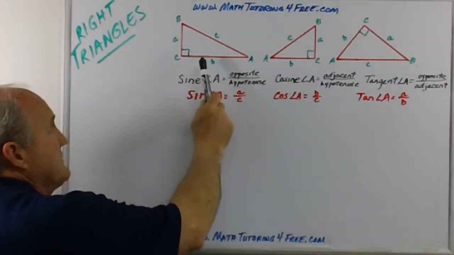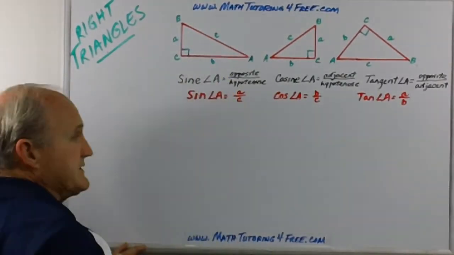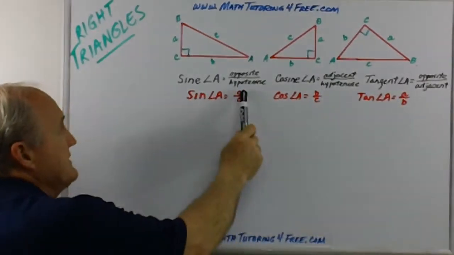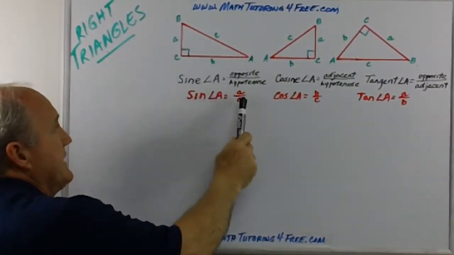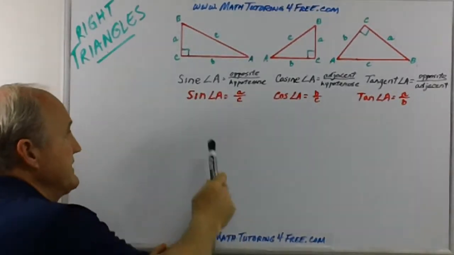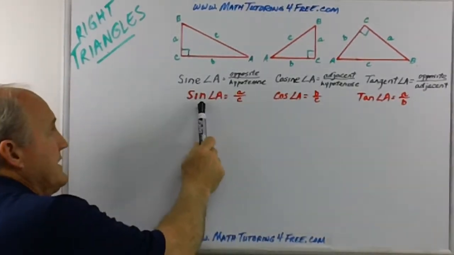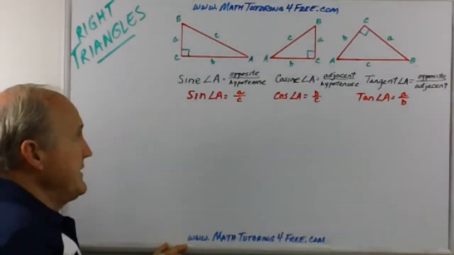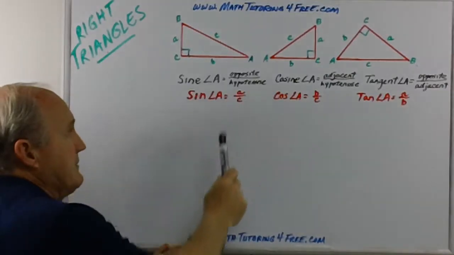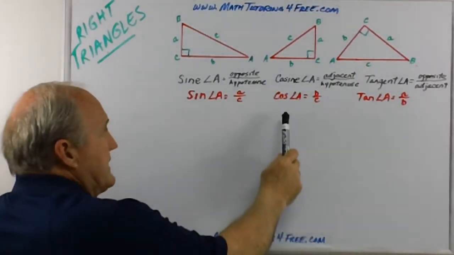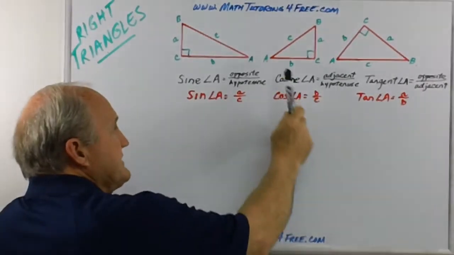The side opposite would be a, and the hypotenuse would be c. So the sine, which we abbreviate SIN, of angle A would be a over c, opposite over the hypotenuse.